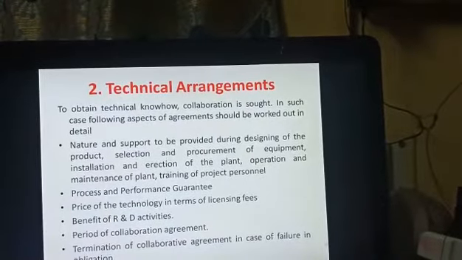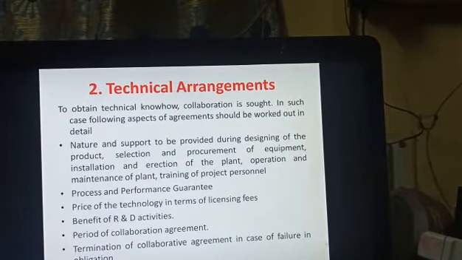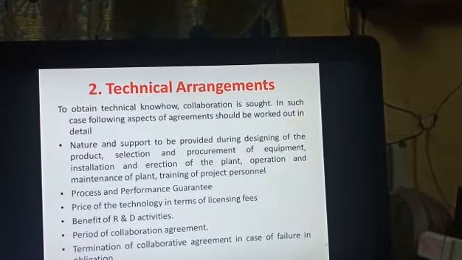Second is technical arrangements. To obtain technical know-how, collaboration is sought. In such case, following aspects of agreements should be worked out in detail. Number one, nature and support to be provided during designing of the product. Selection and procurement of equipment, installation and erection of the plant, operation and maintenance of the plant, training of the project personnel.